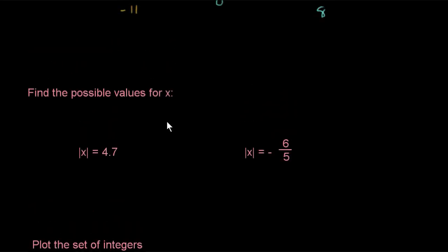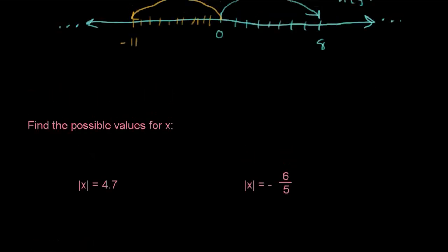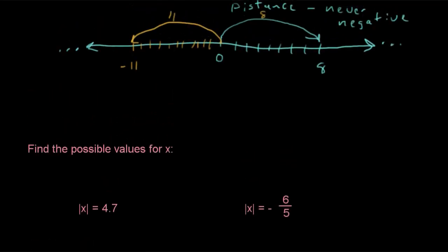On the next problem, it reads find the possible values for x, and we have the absolute value of x equals 4.7. So we would like to know what number or numbers are a distance of 4.7 away from 0.